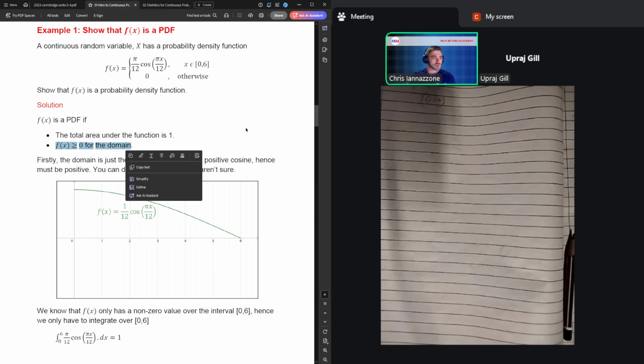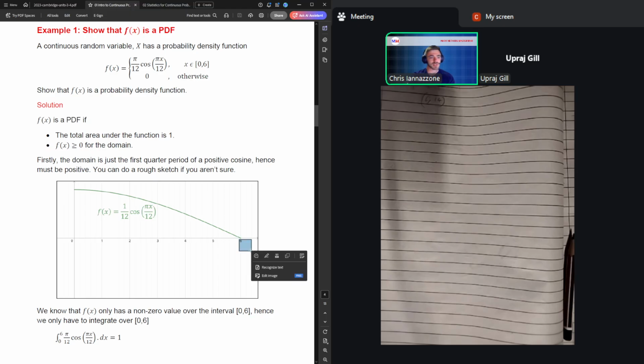Technically, there's also a second criteria. You want to make sure your function is entirely above the x-axis, because if it ever dips below the x-axis, you start getting into negative area and therefore negative probability. This has never been an issue to look out for, but it is a technical criteria of the probability density function.